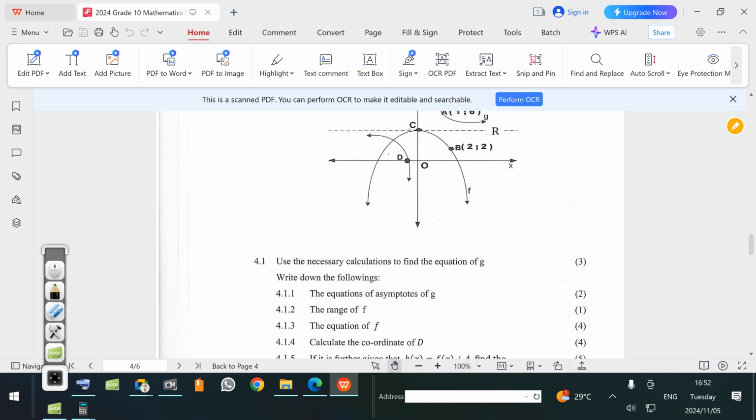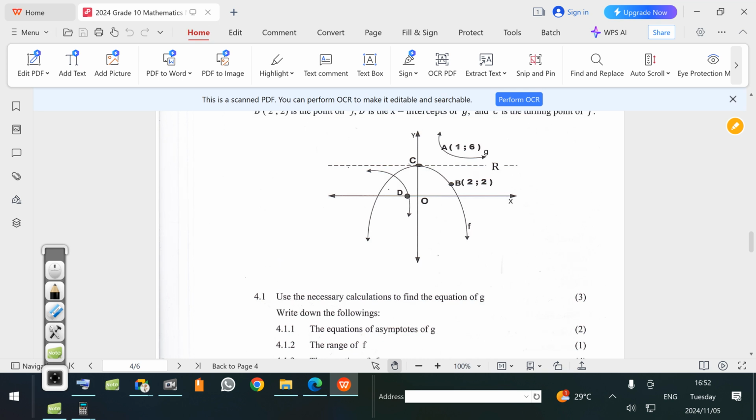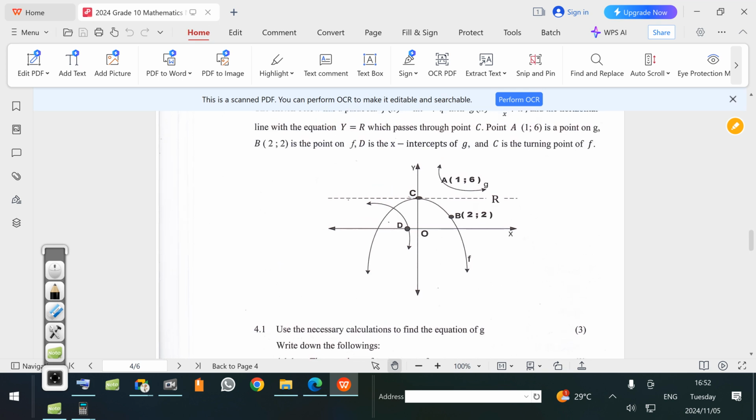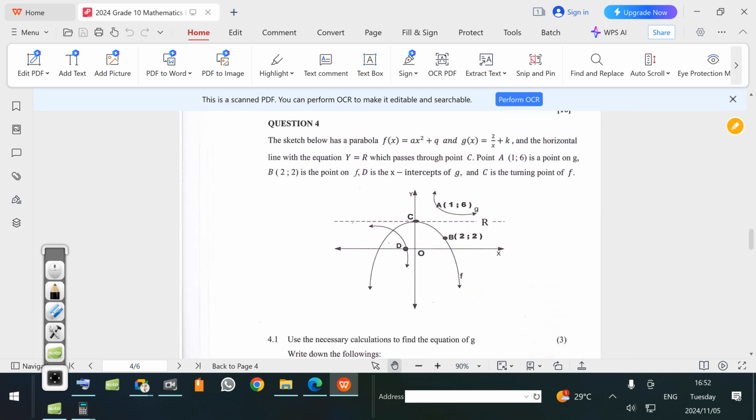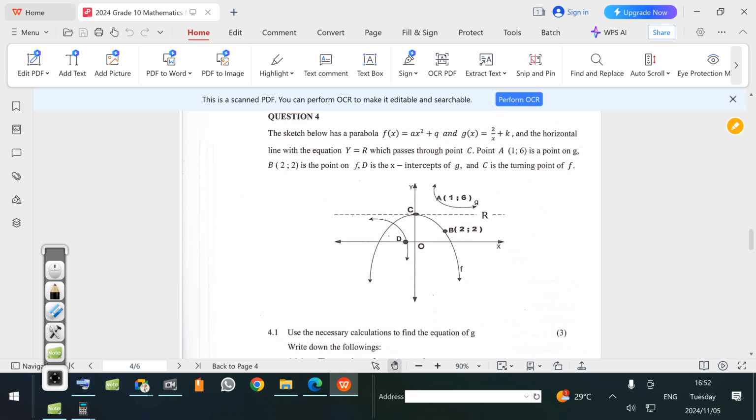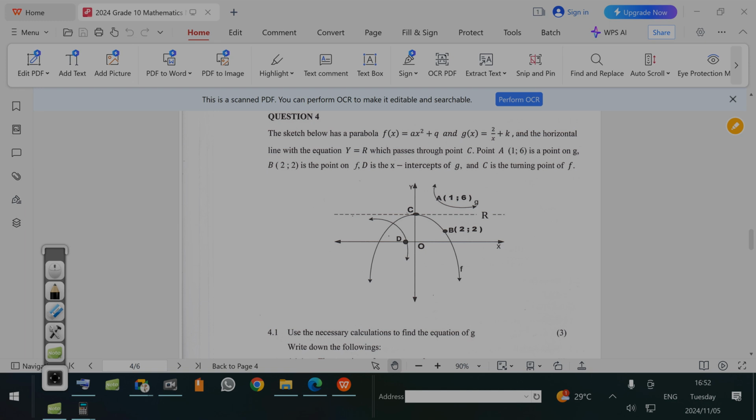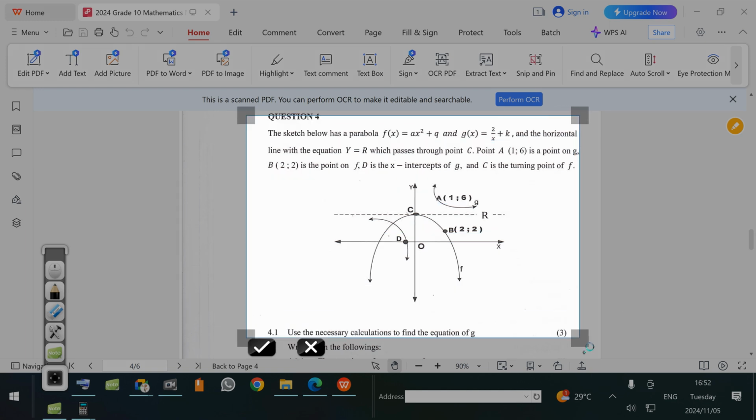No, so sorry, I made a mistake. It was 4.1, just 4.1, the 3-mark question. Which one? 4.1, the 3-mark question. How to get the equation of G. G. I thought they meant F. How do we get the equation of F by using those two coordinates?